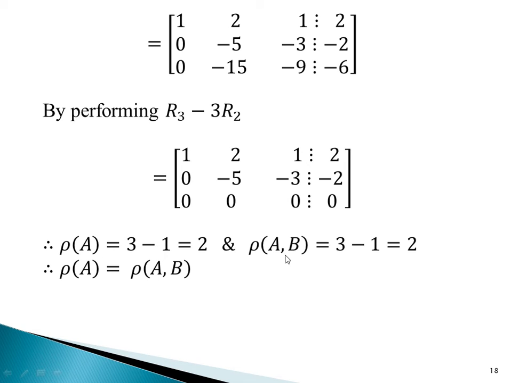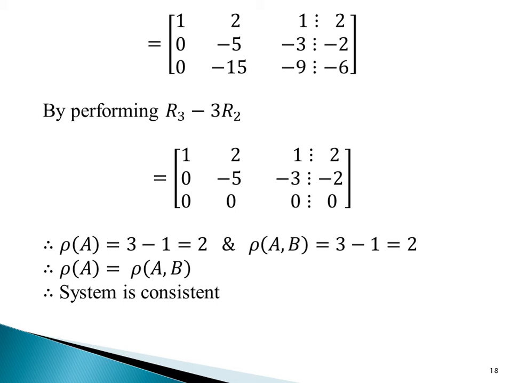And also by considering matrix AB, rank of AB is also 3 minus 1, that is total number of rows minus total number of 0 rows, which is also 1. So 3 minus 1 becomes 2. So rank of A and rank of AB both are equal. So we can write rank of A is equal to rank of AB, right.